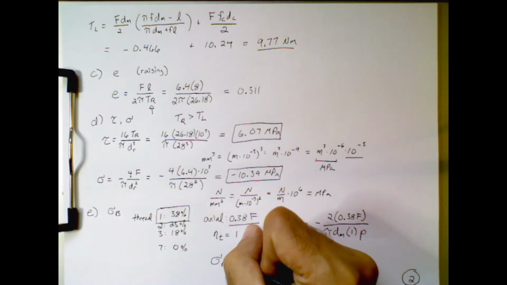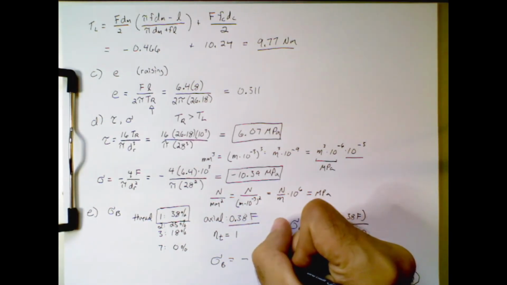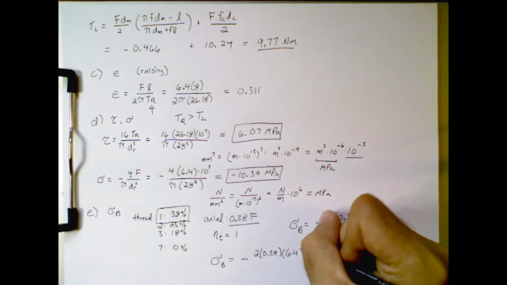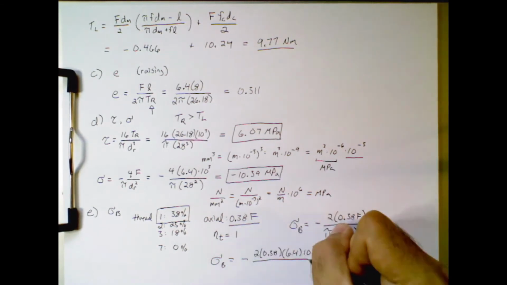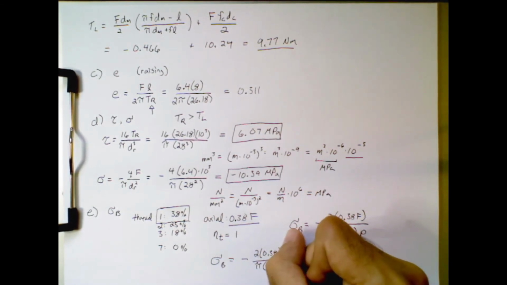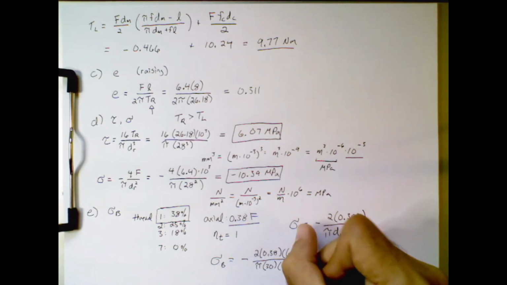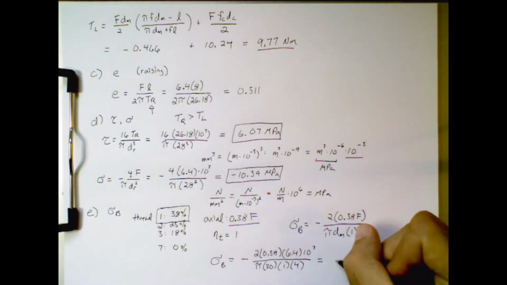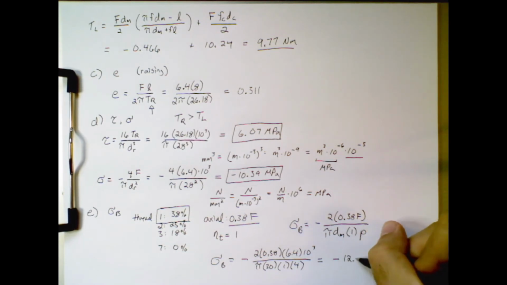If we plug in all the numbers, we get minus 2 times 0.38 times 6.4 kilonewtons divided by pi times 30 millimeters times 1 thread times 4 millimeters. The unit management strategy is very similar to what we saw in part D when calculating the screw body normal stress. We calculate this out and we get negative 12.9 megapascals.